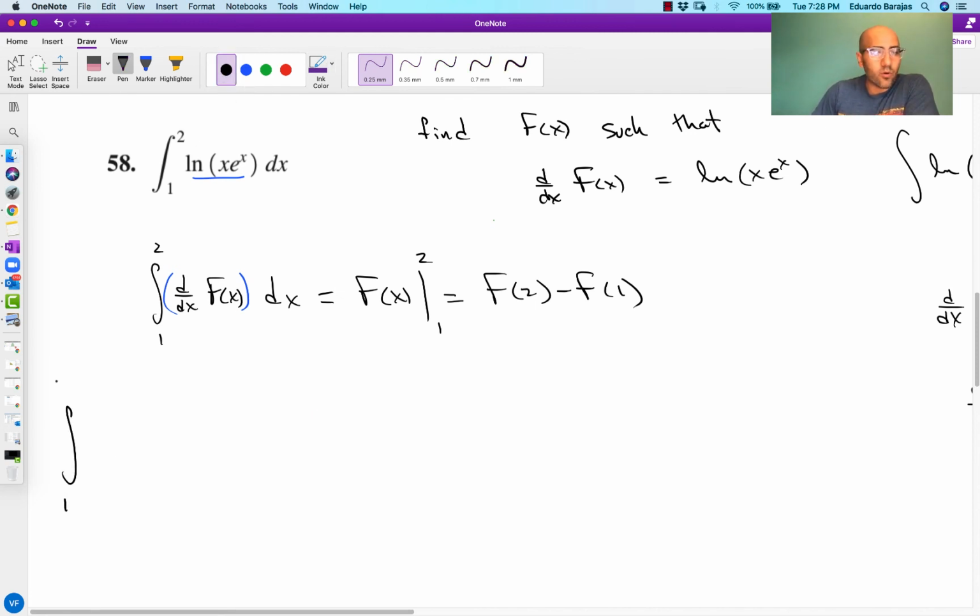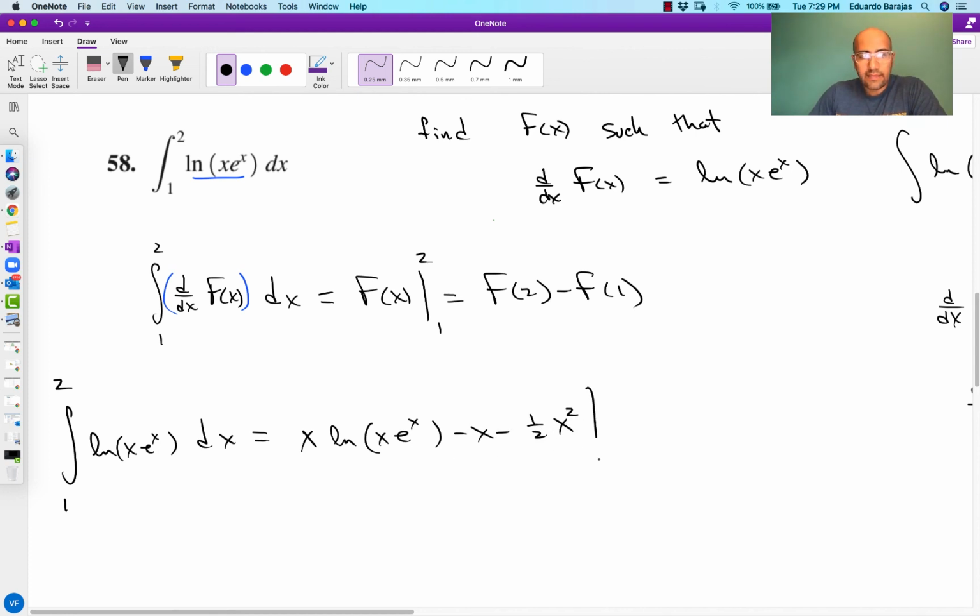The integral from 1 to 2 of ln of x e to the x dx is equal to the capital function, which, as we saw, was x ln of x e to the x minus x minus 1/2 x squared, and all of that gets evaluated from 1 to 2.